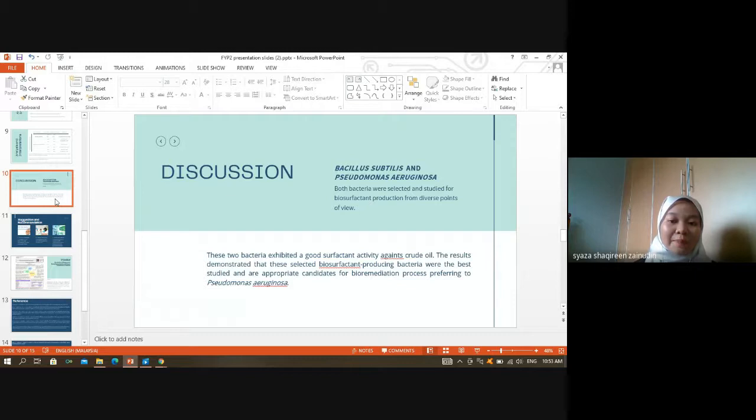And when I went deeper into both bacteria, Bacillus subtilis produces a surfactant called surfactin, and Pseudomonas aeruginosa produces a surfactant called rhamnolipids, which contribute a lot to the bioremediation process. The study about them is also intense, and there is a lot of information that I can get from both bacteria. All right, thank you.